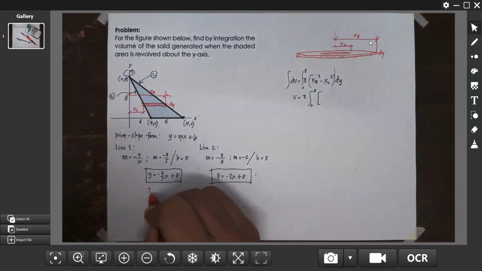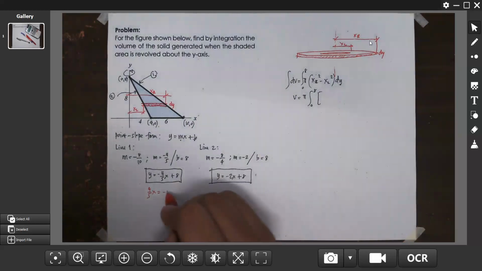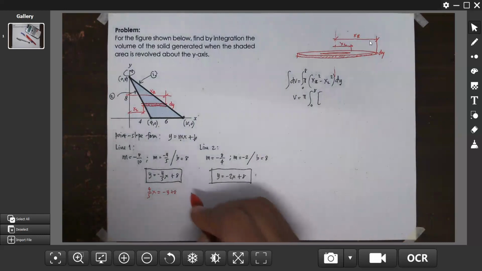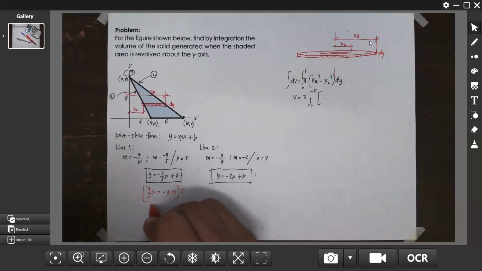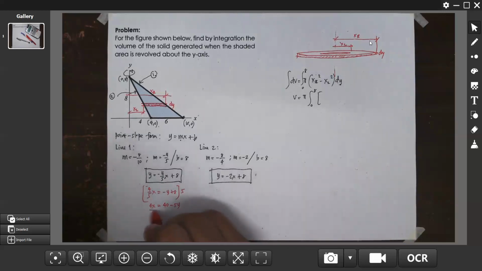You have 4 over 5 x equals negative y plus 8. Then multiply the equation by 5, so you have 4x equals 40 minus 5y. Then divide the whole equation by 4. You have x equal to 10 minus 5 over 4 y.